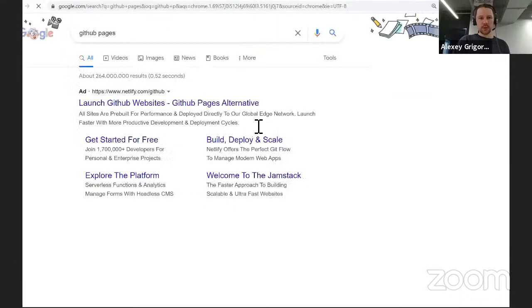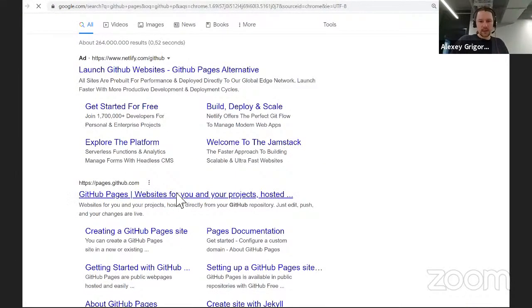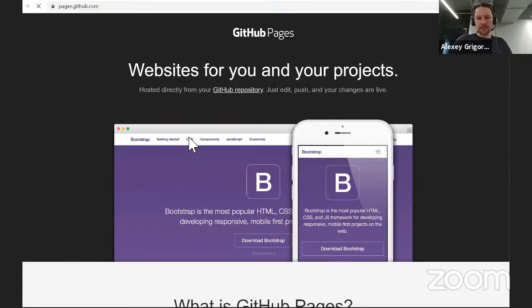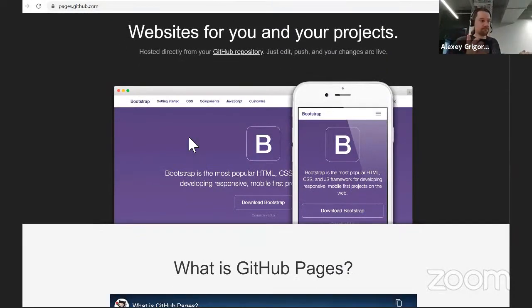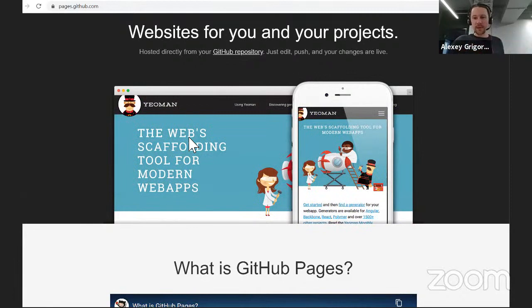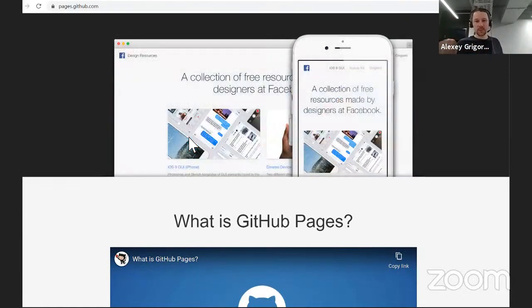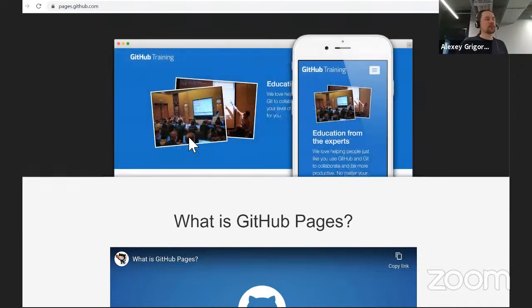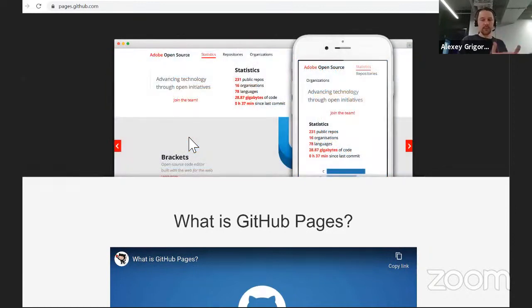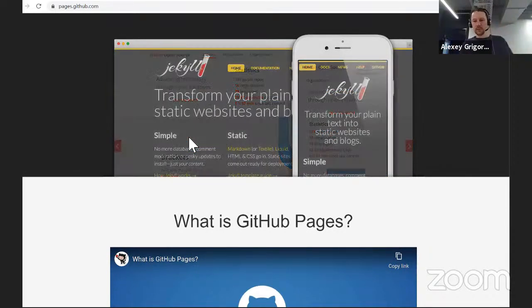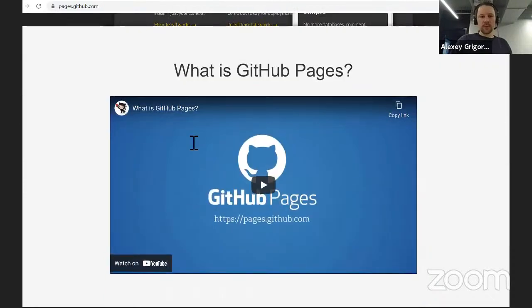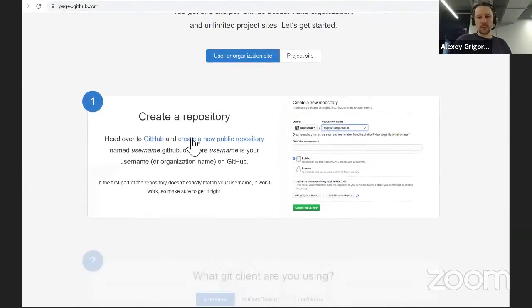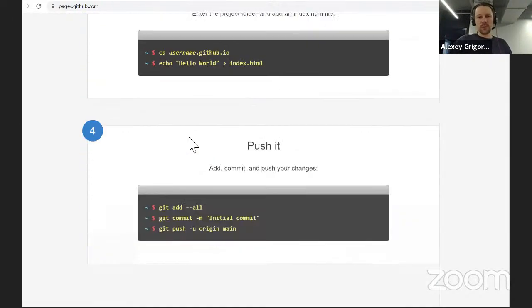So you can just look it up and see what it is, and maybe instead of just putting your article in a Git repo, you can very easily, well, not easily, but what's the right word? Basically, it's possible to turn this Git page into a page, like a blog page. So you will need to follow this.